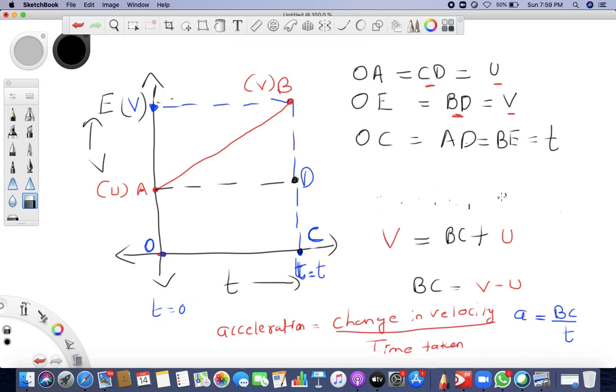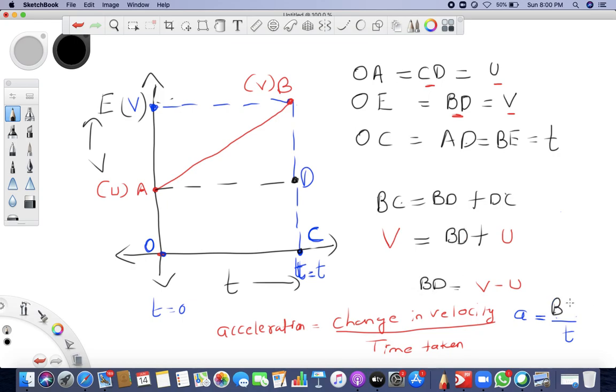I just put D at the bottom and C at the top. In order to make it the same as the textbook, I am going to change the name also. So here again I have changed it to BC is equal to BD plus DC. So this is BD, so you get BD here.